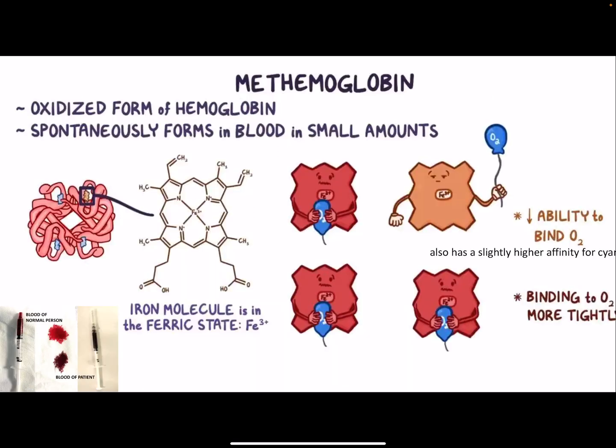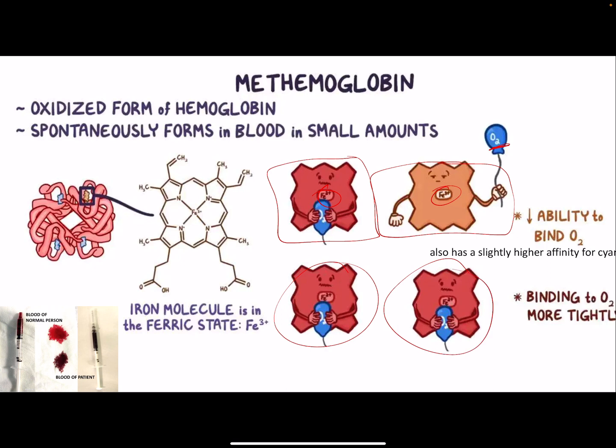Methemoglobin. So iron is normally in the 2+ state. For whatever reason, just reactive oxygen species, it just occasionally is oxidized to the 3+ state. Now, when it's oxidized to the 3+ state, that particular heme group is now very low affinity for oxygen. Somehow it has a conformational shift of the whole hemoglobin tertiary structure so that the other subunits now have an increased affinity.